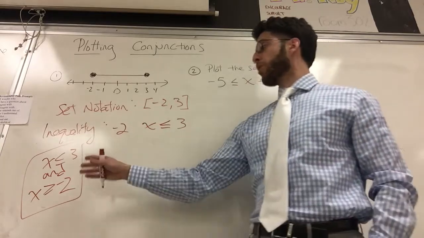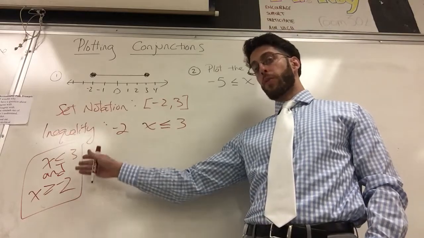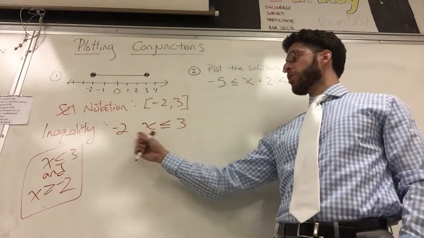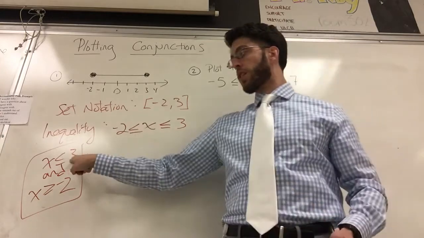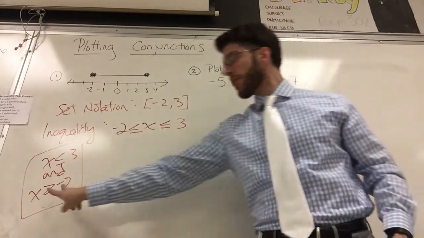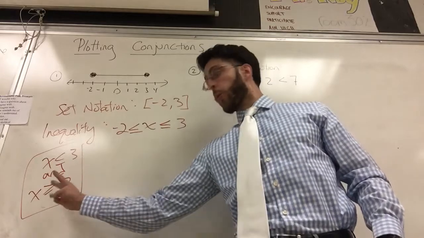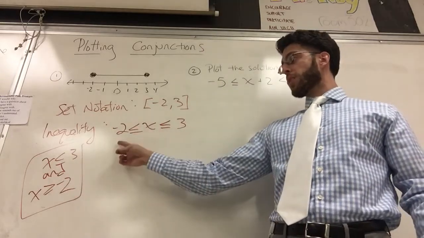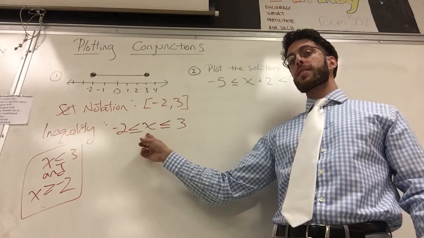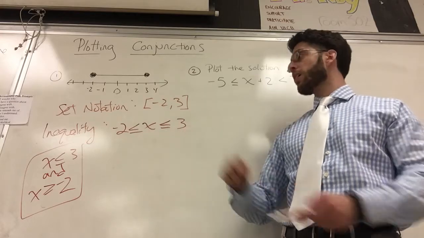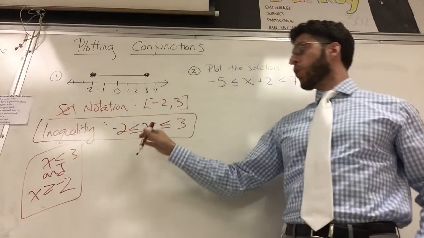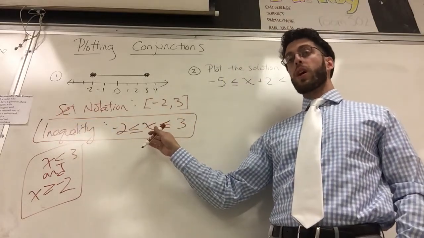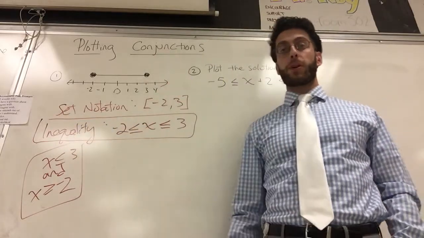All right? So you can write it like this, you get full credit, it makes perfect sense, but it's more commonly shown in shorthand like this. So you notice this matches. This guy I just reversed it, but the -2 is less than x, which is less than 3. And this is common notation, inequality notation for your inequalities, conjunctions, okay?